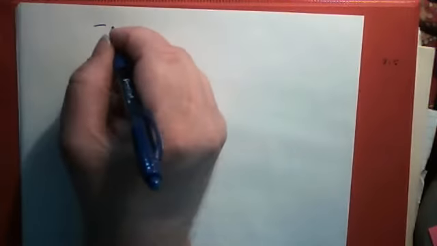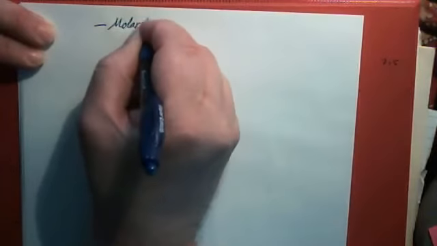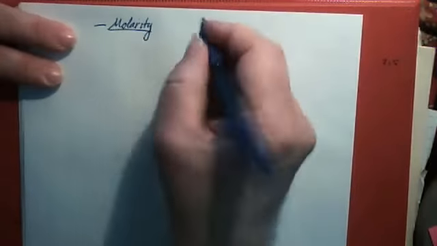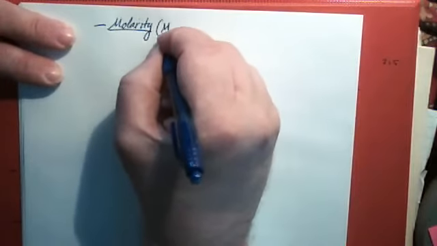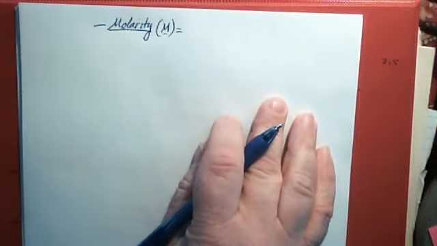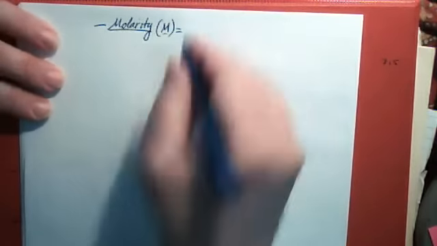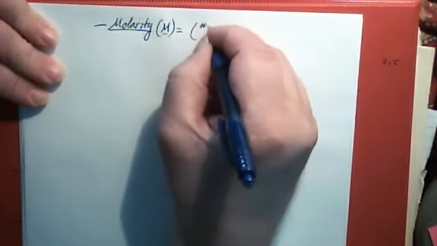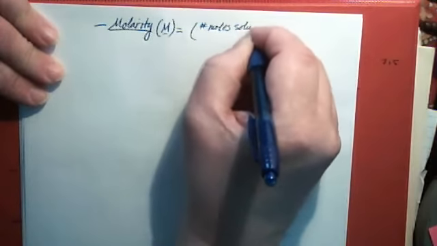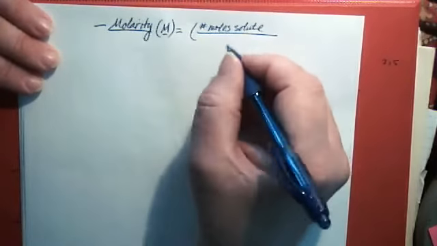The most important form in which we express concentration in chemistry is known as molarity. And the symbol for molarity is a number followed by a capital M. And molarity gives you the number of moles of solute divided by the volume of the whole solution in liters.